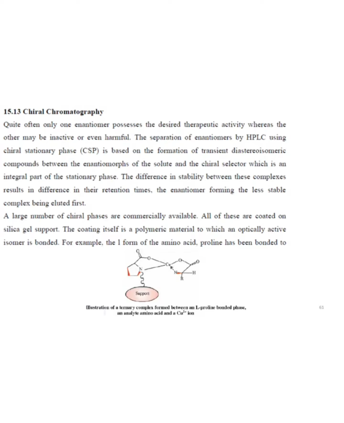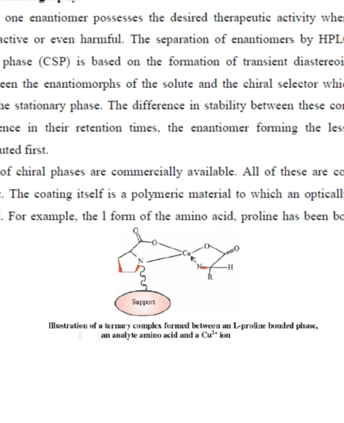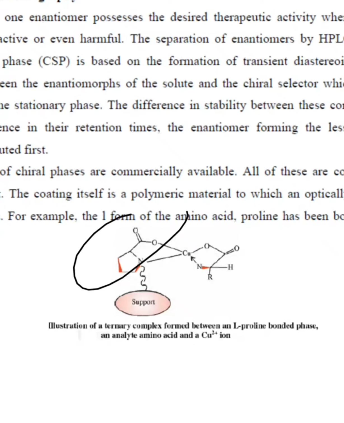We are going to use different stationary phases for the separation of isomers. For example, here we have taken one amino acid.